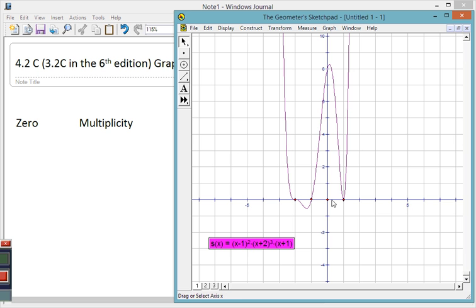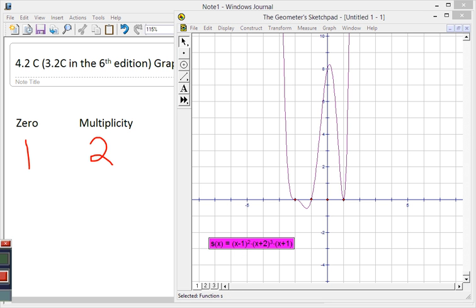It's going to touch and stay whatever. If it's positive, it touches, it stays positive. If it were negative, it would touch and stay negative. We look at how many there were, this 2 here, and that is what we call the multiplicity. So this has a zero at 1, and it has multiplicity of 2.